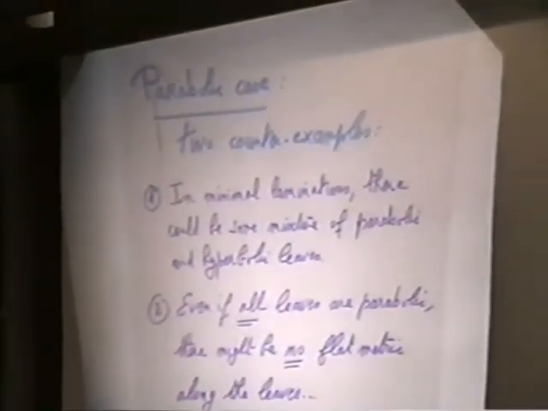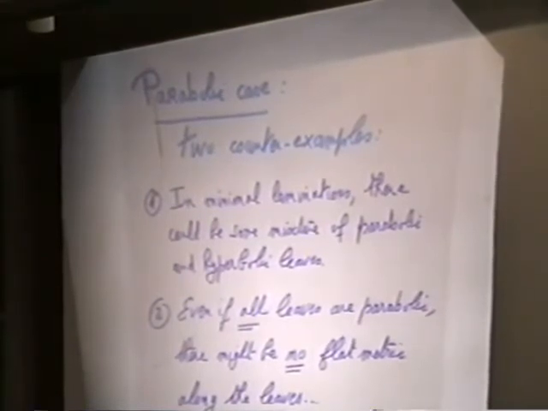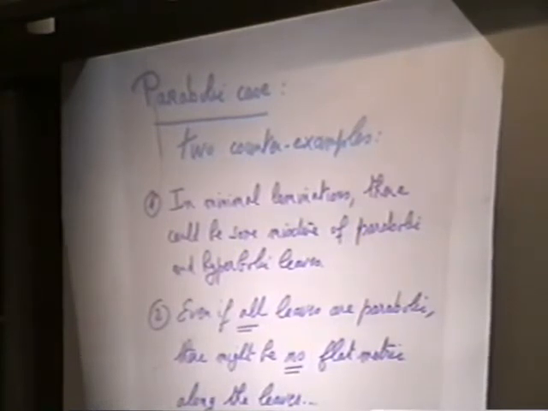First, I will describe an example of a minimal lamination. So all these are X, in which there is an actual mixture of parabolic leaves and hyperbolic leaves. So we don't quite know on which side we would like to put them.